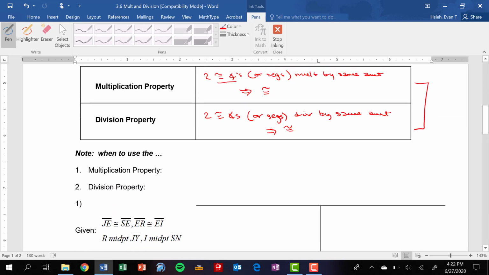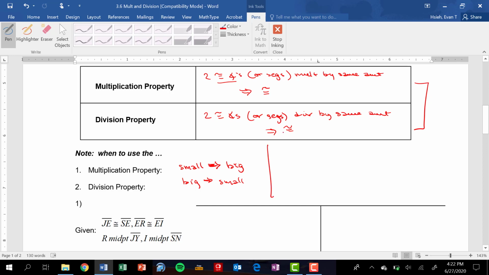Now, when to use the multiplication or division property. Multiplication property is when you start small and you go to bigger congruent things. And division property is when you start big and you are going to conclude that two smaller things are congruent to each other.